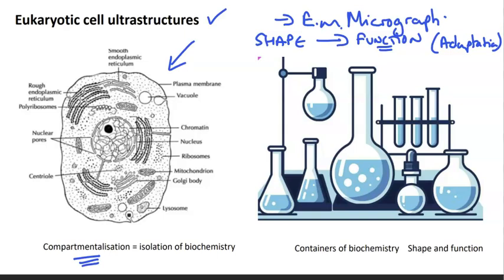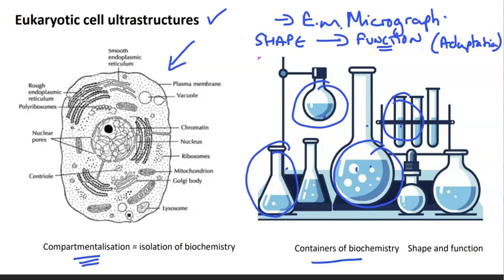Think of it like this. In a chemistry laboratory, we will use different types of container to perform different types of chemistry. And each container isolates, restricts and controls the chemistry within that container. You can't mix it all together and hope that those reactions occur independently of each other. Cells are exactly the same.